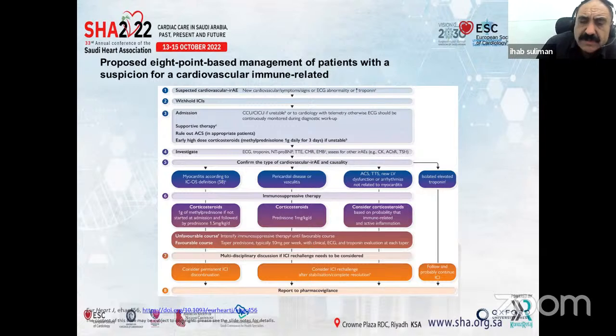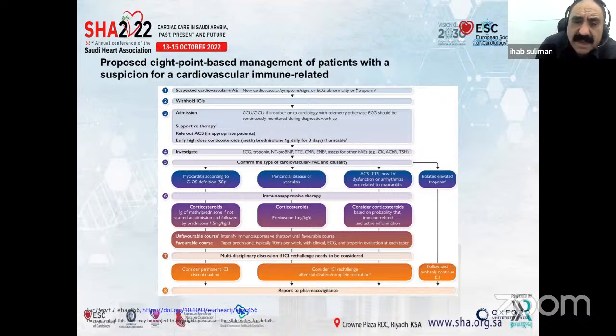For patients with pericardial disease or other forms of cardiovascular adverse events, stopping the immune checkpoint inhibitors should be done and steroid should be given. But for myocarditis, once it is confirmed or suspected from immune checkpoint inhibitors, consider stopping the therapy permanently.